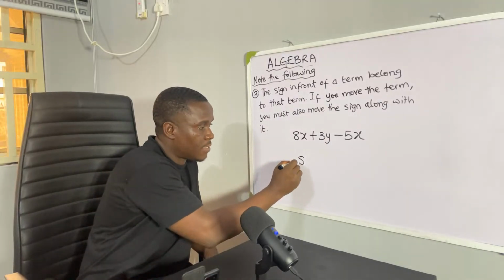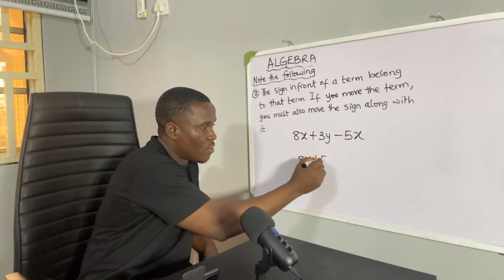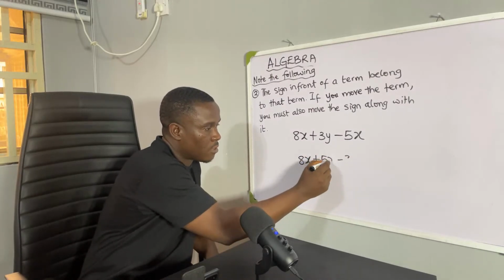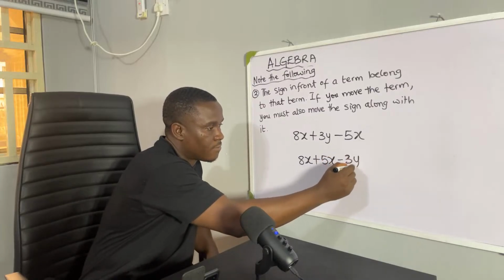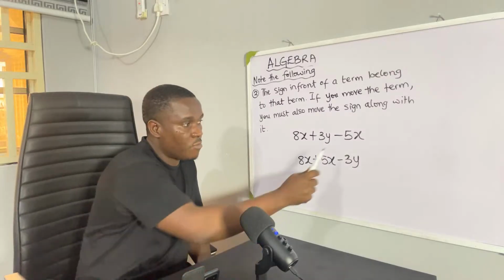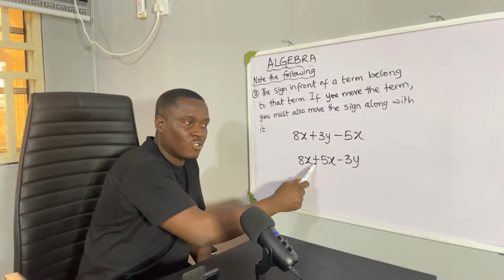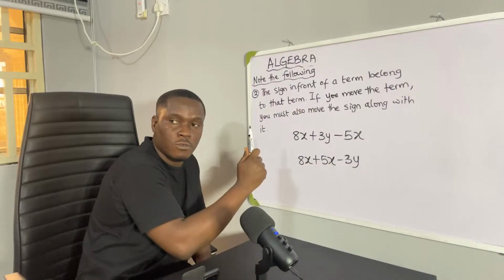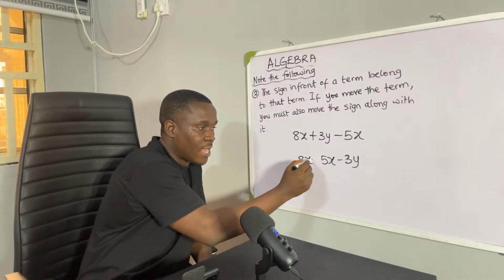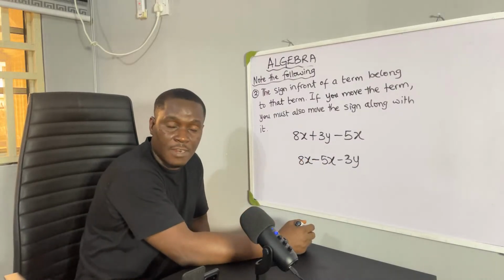So if I have 8x plus 5y minus 5x minus 3y, this will be wrong, because I moved 5x, but I did not move the sign along. If I'm moving 5x forward, it has to come along with the negative sign in front of it.